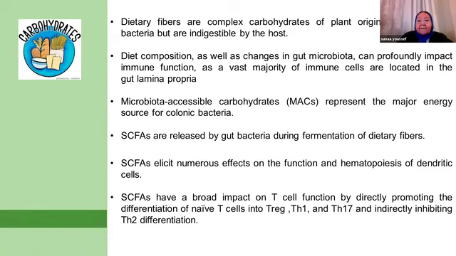They have a broad impact on the T cells through the dendritic or T cells, by directly promoting the differentiation of the naive T cell into regulatory Th1 and Th17, and indirectly inhibiting Th2 differentiation, which takes you to the pathway of allergic disease.